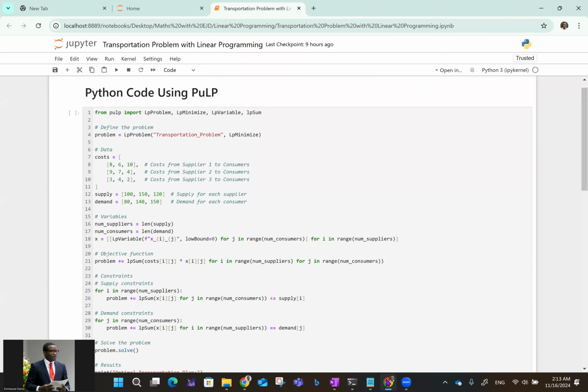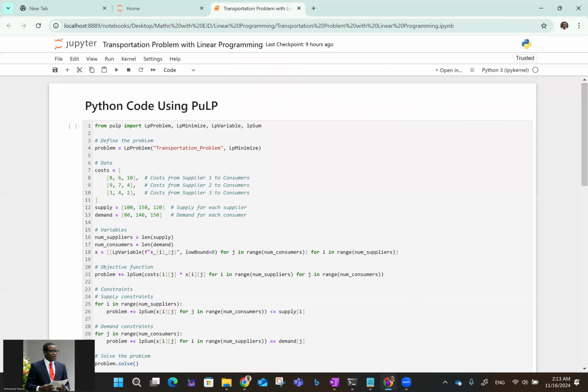So here, of course, we have all the coefficients, especially for the objective function. As you can remember from the table, the objective function is 8x11, 6x12, 10x13, and so on.